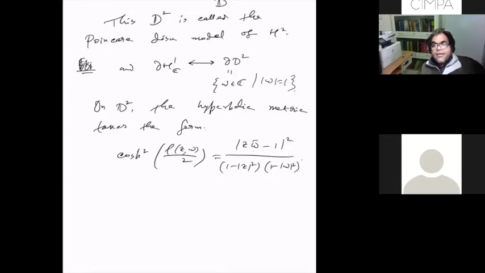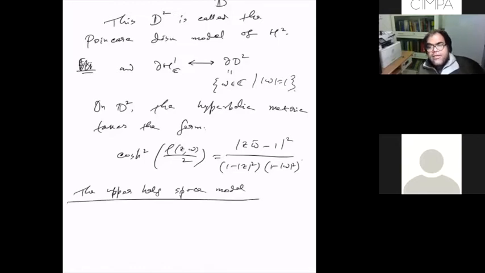Now the Hermitian form, so the upper half space model. Okay. So there are several ways you can get all these isometries. Okay, but what I will do now, I will first define the models, and then I will tell you how we are getting a very familiar object.